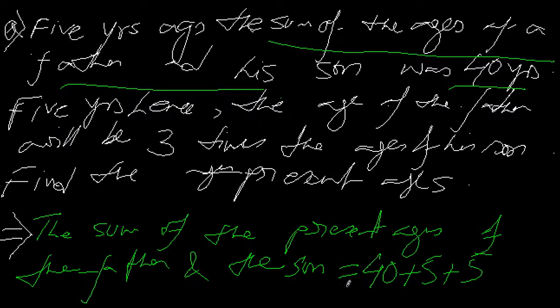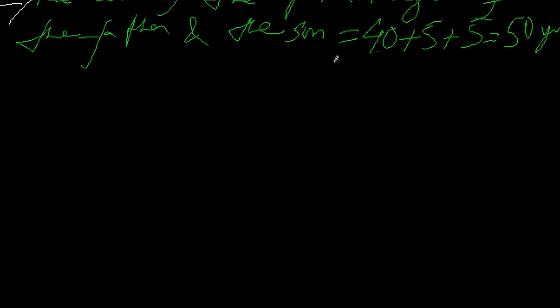Then only we'll get the sum of the present ages, right? So how much does that come? 40 plus 5 is 45, plus 5 gives you 50 years. This is the sum of the present ages of the father and son.